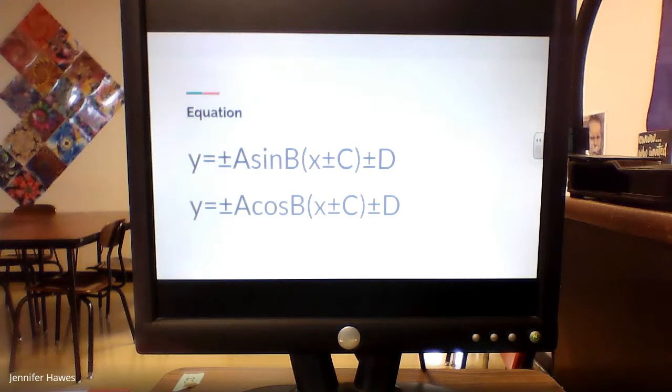So here were the equations, and it doesn't matter if I'm using sine, cosecant, cotangent, whatever. All of these letters apply, and I can post this so you don't have to write anything down. It's just graphing sine and cosine, but this applies to tan also.